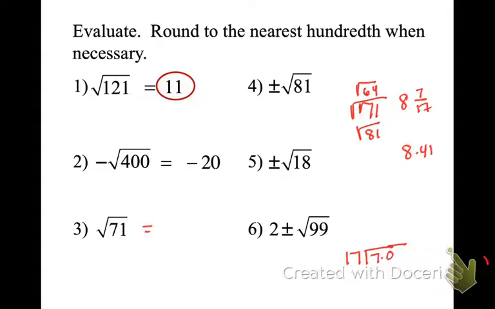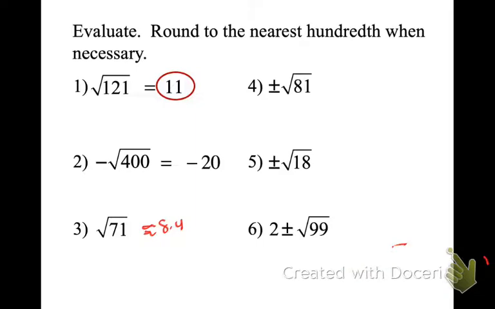I will always ask you to round to the 10th. So 8.41, about 8.4. Really, since we are estimating all of these and we're cutting off their decimals, we should always be writing the about sign. Now, if I had done my estimating method, where I thought it's between 64 and 81, these are 10 digits apart, and this is 7 digits apart.